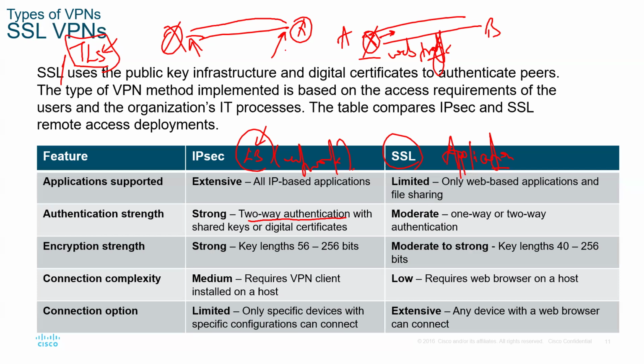Then in connection options, only specific devices with specific configurations can connect with IPsec, whereas with SSL any device with a web browser can. For IPsec, only specific devices: your routers, your firewalls, those are the types of devices that can be used to create VPNs.